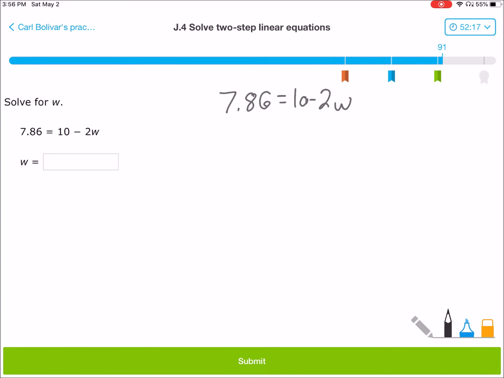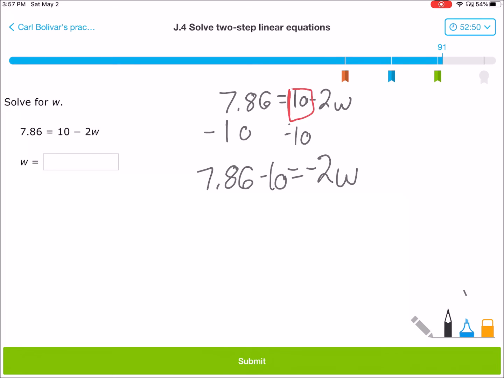And then we now see right here that this needs to be moved to the other side. So we have to add, or no, do not add, we have to subtract 10 from each side, since that's a positive 10. So we have to subtract 10 from each side, and we will get 7.86 minus 10 is equal to negative 2W.